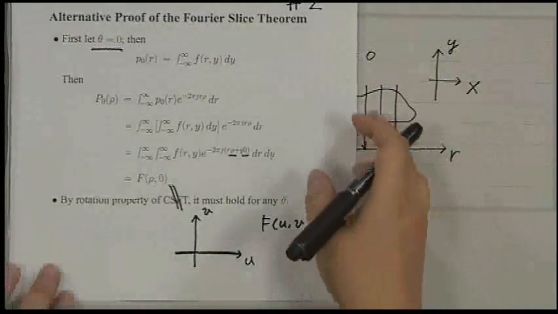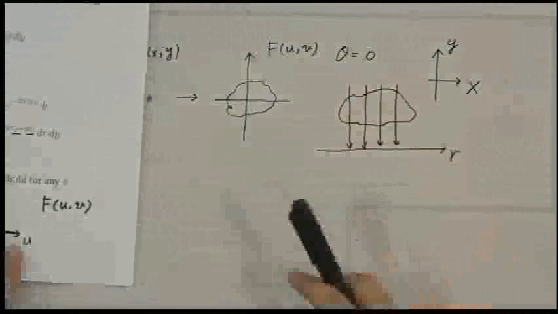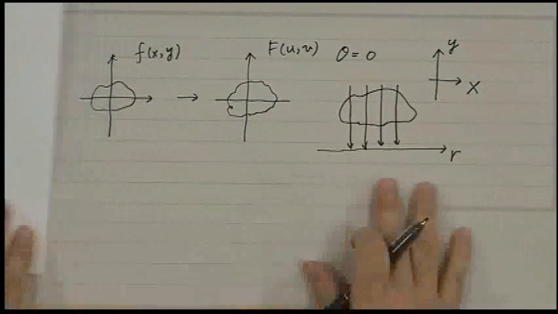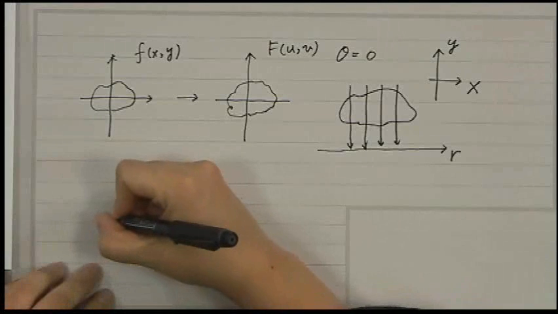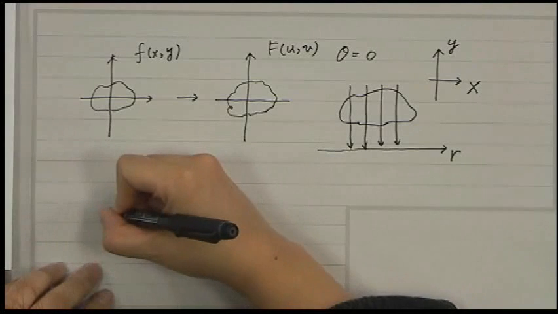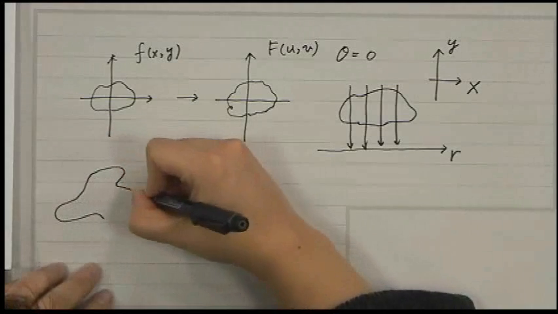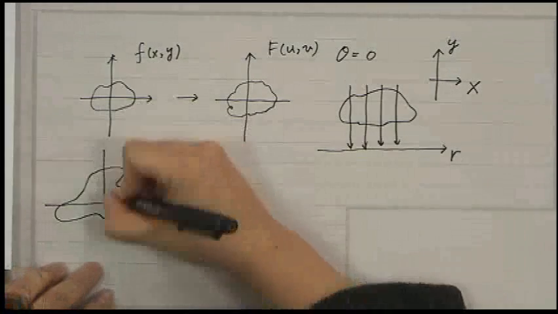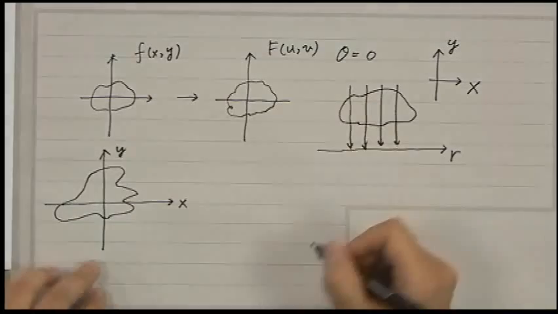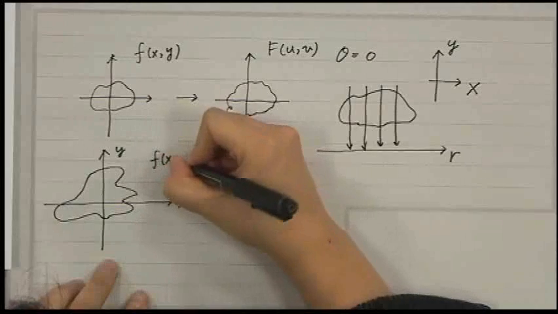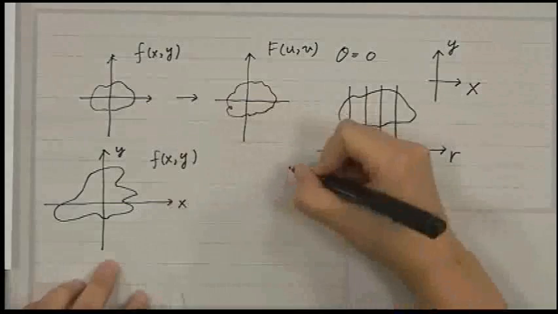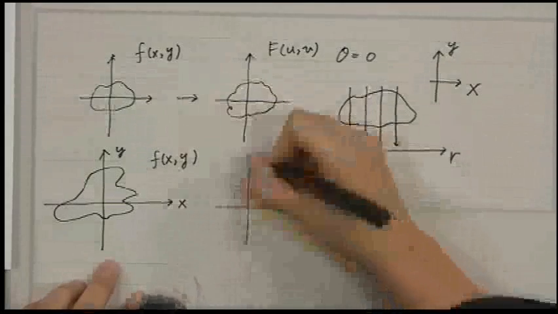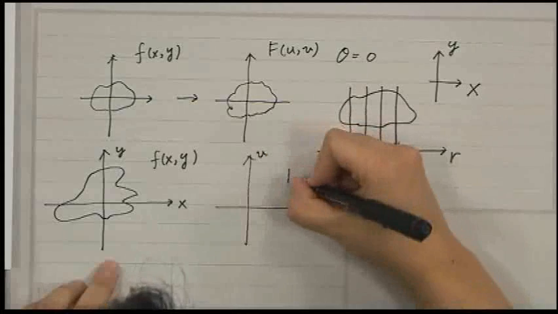Because, for example, okay, this is f(x,y), and this is F(u,v).